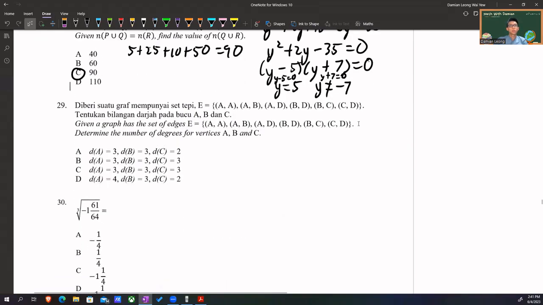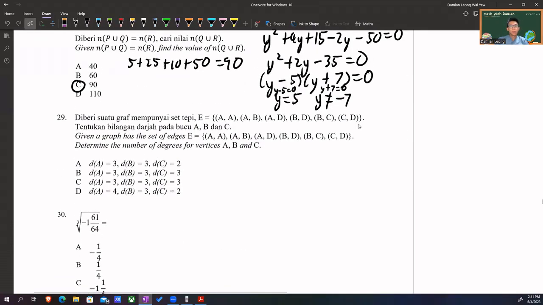Okay. Question 29. Determine the degrees for vertices A, B, and C, each one of it. So how many ways can I go? The edges are connected to A. In this case, the loop is considered 2. So 1, 2, 3, 4.